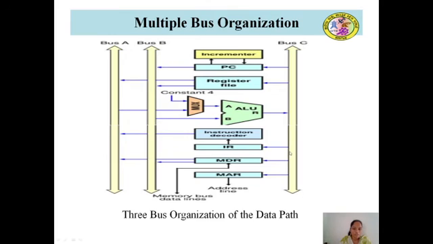The content will be transferred to the ALU. The ALU performs the respective operation. Now the result will be sent to the destination, that is R6 of the register file, through this bus C. So that is the sequence of steps needed to execute the instruction add R4, R5, R6.